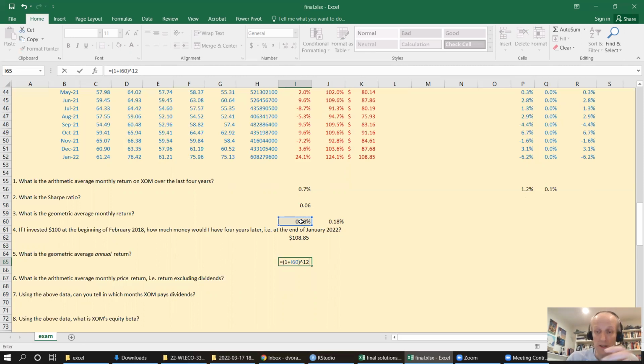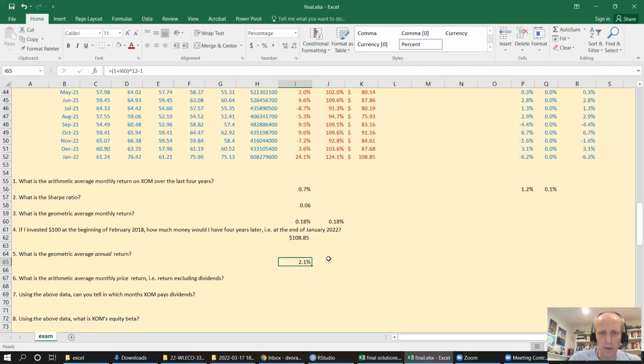So it compounds monthly. Subtract 1 gives us 2.14%.